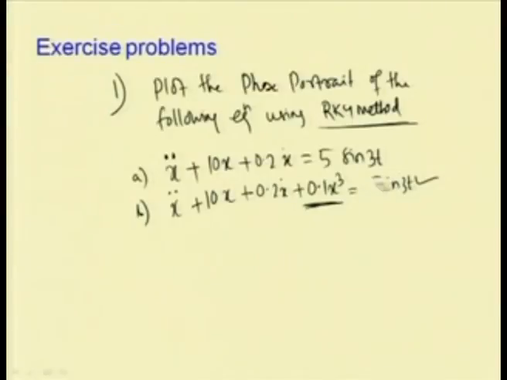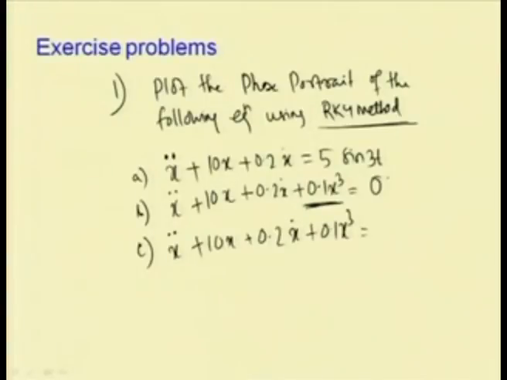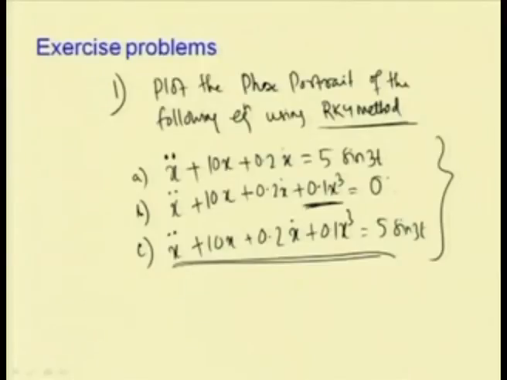Plot this phase portrait taking different initial conditions. First take the forcing term equal to 0, and in the third just take the forcing term: 10 x plus 0.2 x dot plus 0.1 x cube equal to 5 sin 3t. Solve these three problems using the RK4 method, then solve the second problem using the straightforward expansion method.